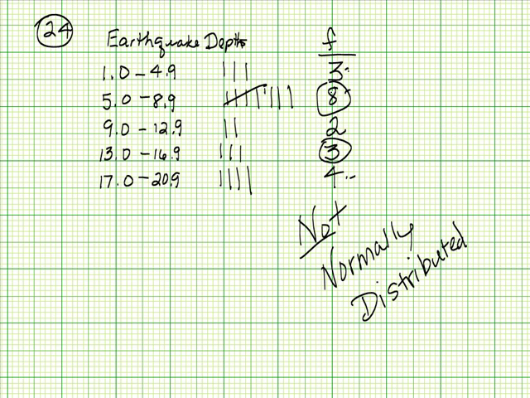So that's what we mean by a normal distribution. We can see the reason we don't have one here is the 4 and the 3 are too far off. If you do a strict interpretation, you'd really want those to match, like we did in number 10. Okay, that's enough to get you started on the homework.